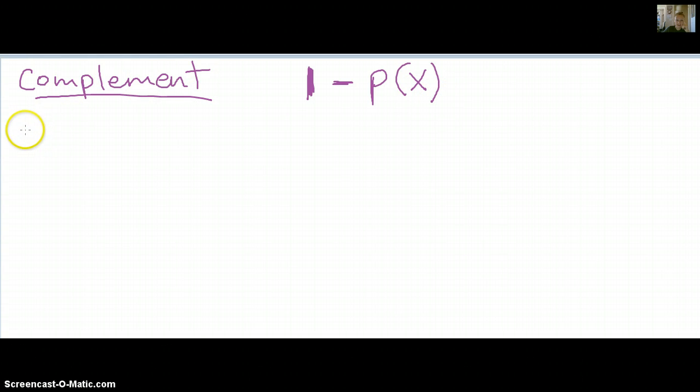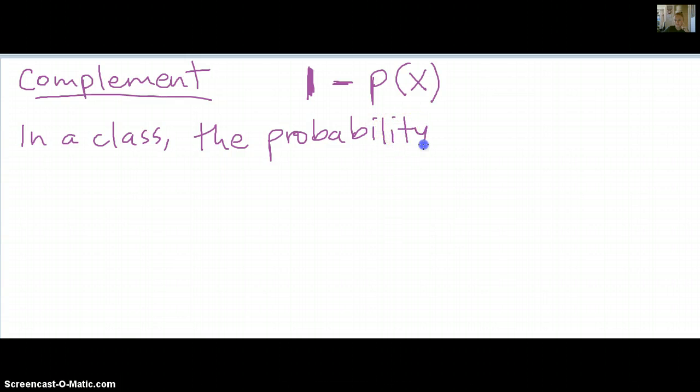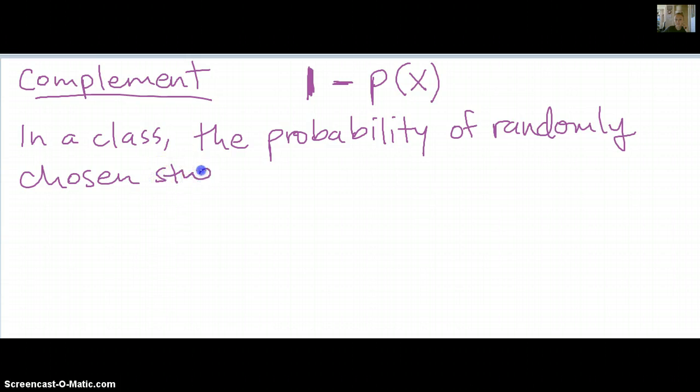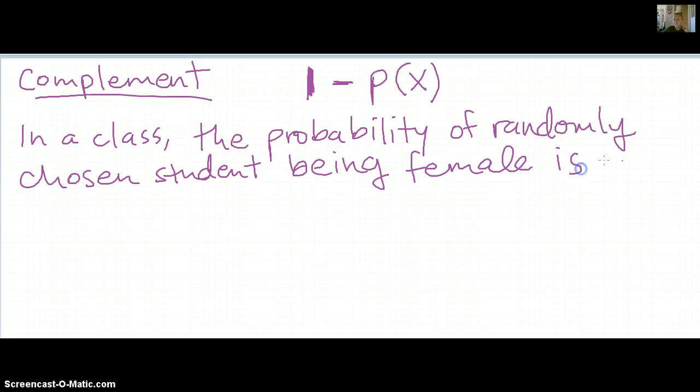Let's say that in a class, the probability of a randomly chosen student being female is 0.55.